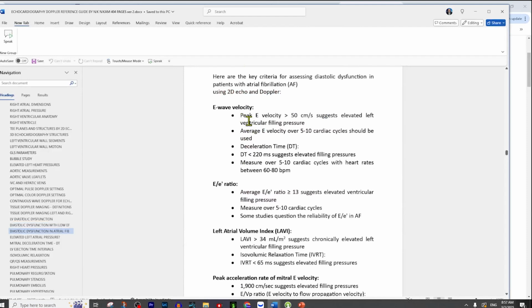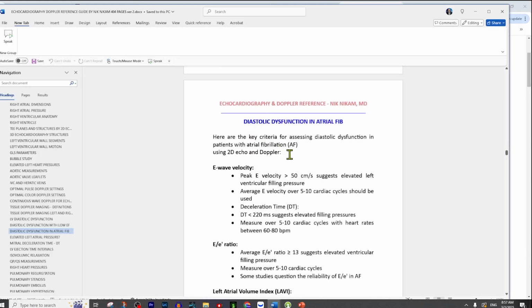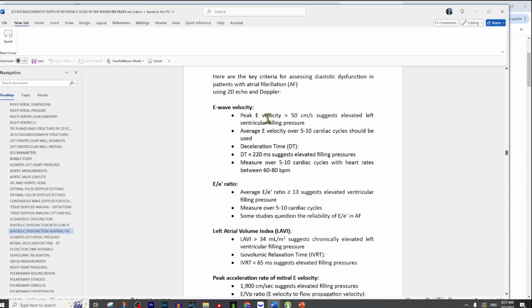Some of the key features of diastolic dysfunction in patients with atrial fibrillation: if the peak E velocity is greater than 50, it suggests elevated left ventricular filling pressure. And it's the same thing in patients with low ejection fraction. The E velocity has to be measured over 5 to 10 cardiac cycles.